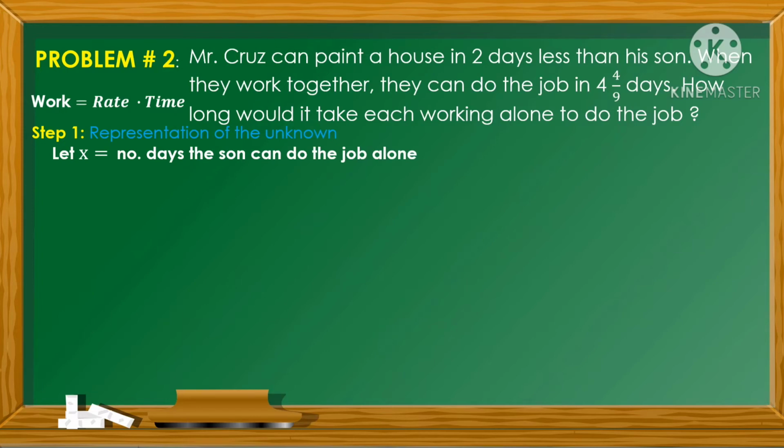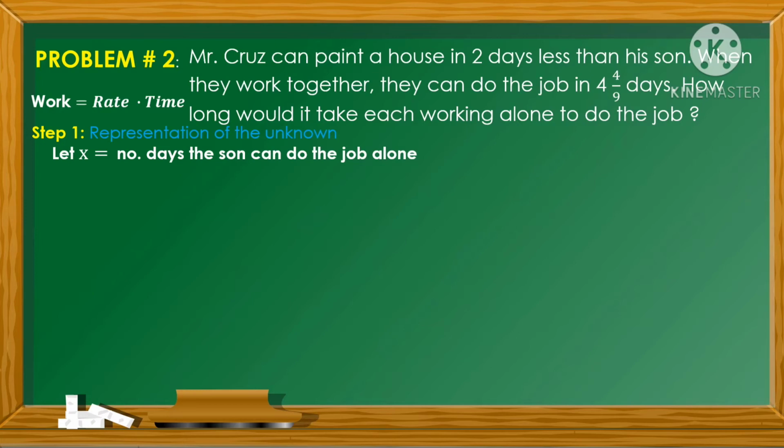So, sabihin natin, let x be the number of days that the son can do the job alone. So, x days. Kung x days matatapos ng kanyang anak yung pagpipaint ng house, gaano katagal naman matatapos ni Mr. Cruz? Magiging x minus 2 lang. X minus 2, that's the number of days that Mr. Cruz can do the job alone.